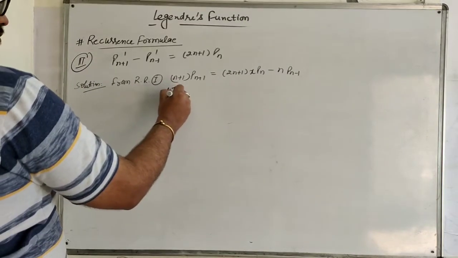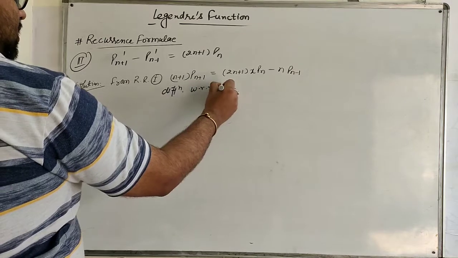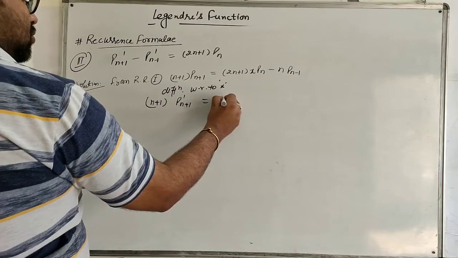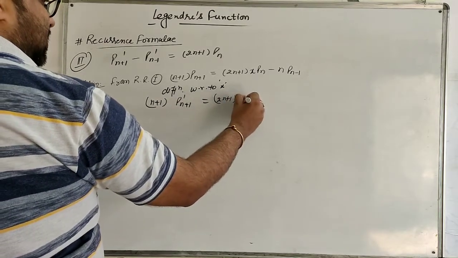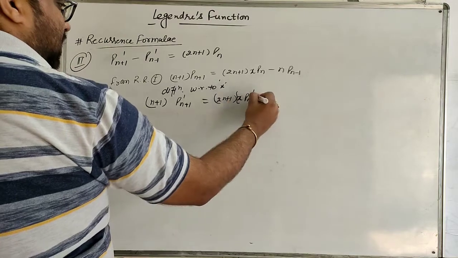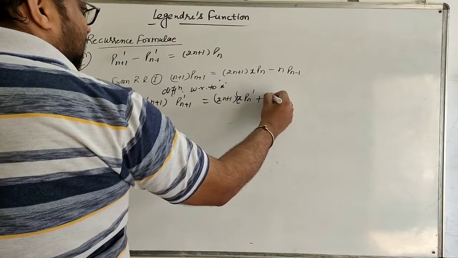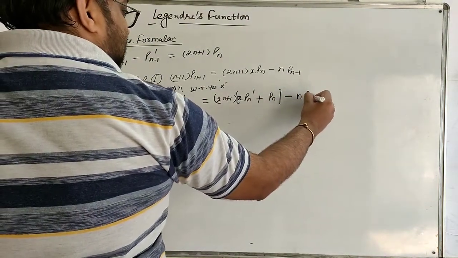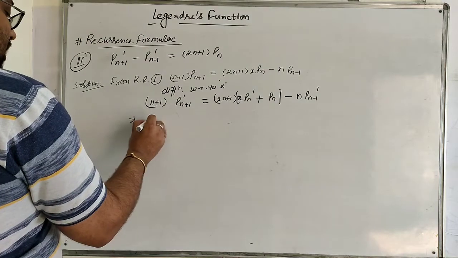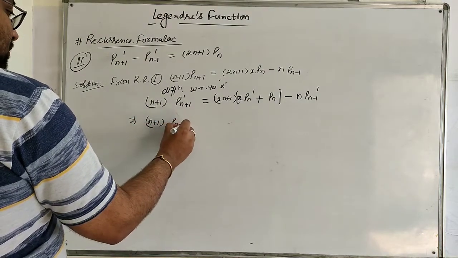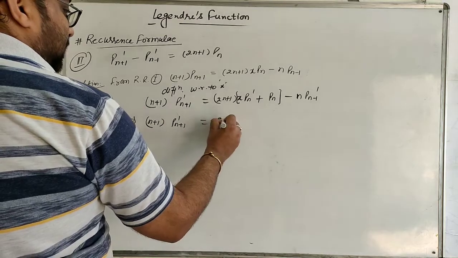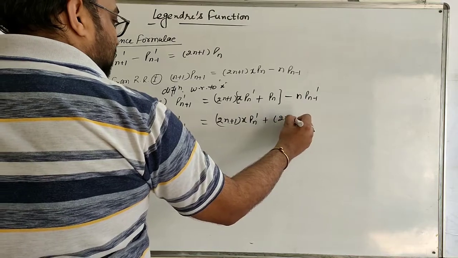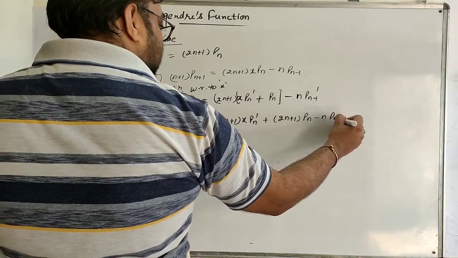So differentiating with respect to x, (n+1) Pn+1' = (2n+1) [x Pn' + Pn] - n Pn-1', or we can write it as (n+1) Pn+1' = (2n+1) x Pn' + (2n+1) Pn - n Pn-1'.